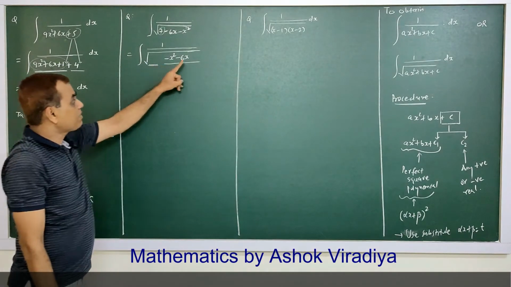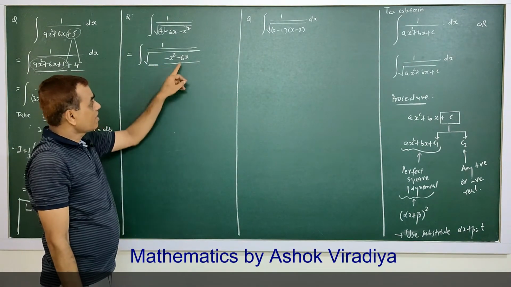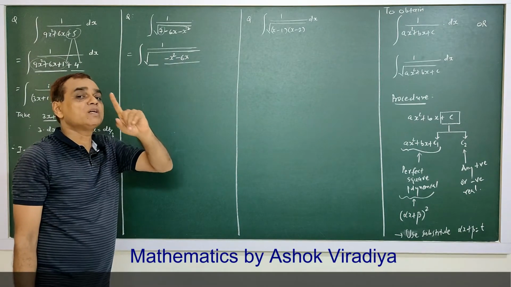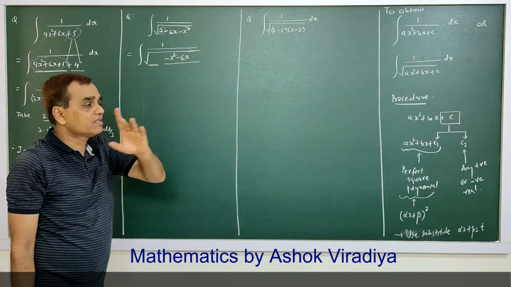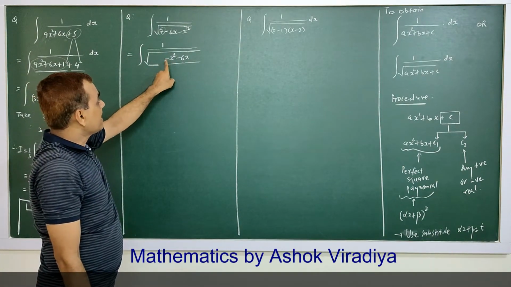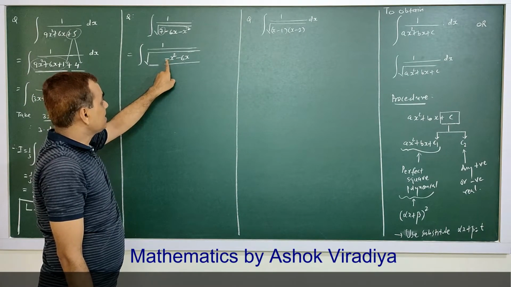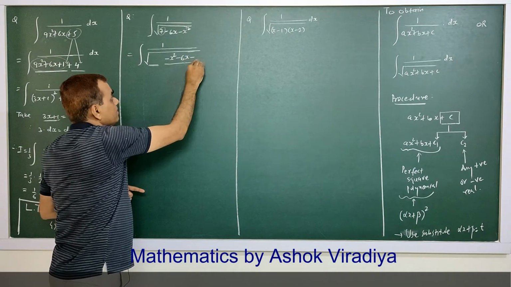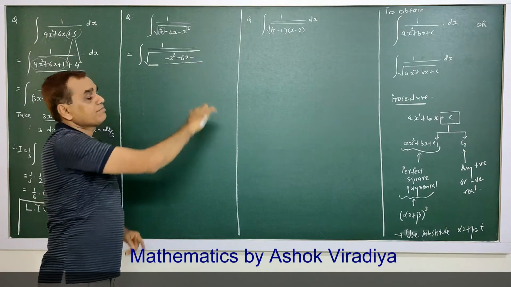So see, to make this a perfect square polynomial, keep one point in mind: x square is negative, so the first term is negative, so here we have to put a negative number with the last term.